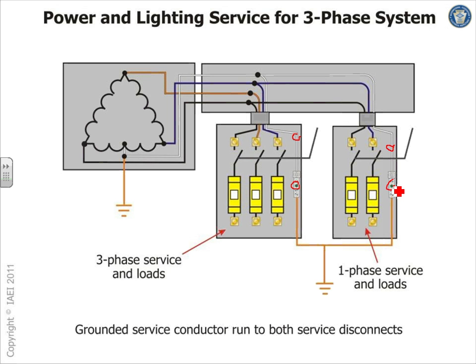Yep, absolutely. So where these are all service. Very, very important. Now, can I bond the neutral to the enclosure right here? You can. This is the line side. I can bond as many times on the line side as I need without creating redundancy in the paths of the neutral current.